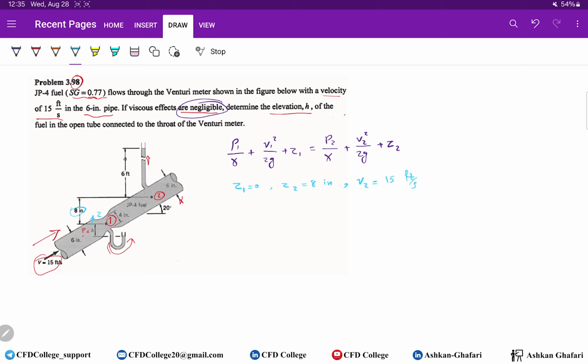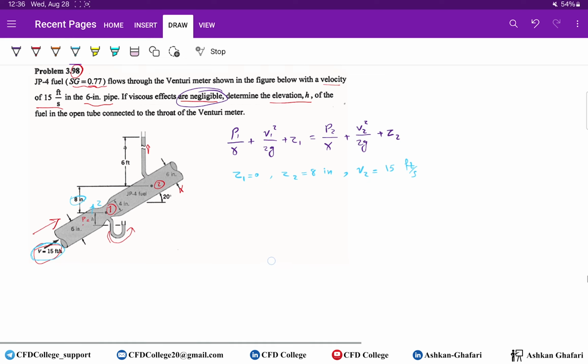Remember and be careful, this velocity 15 feet per second is the velocity of the flow inside the pipe, where we have a 6-inch diameter pipe. So here the diameter is 6 inches, so the velocity is 15, but here at the throat it's not 15 feet per second, it's more than that.